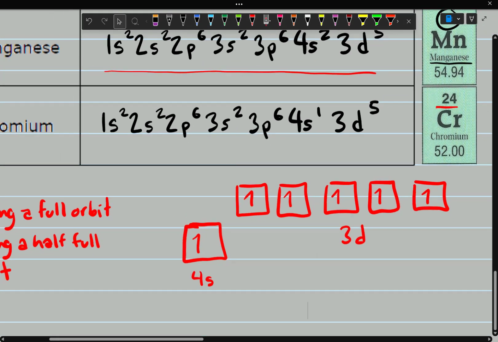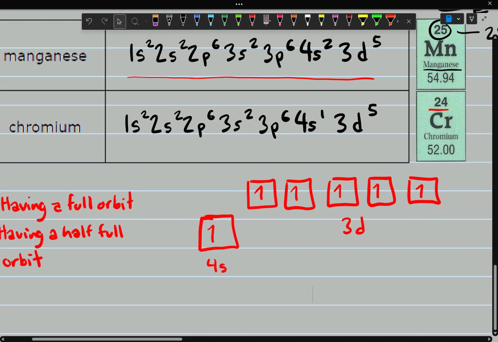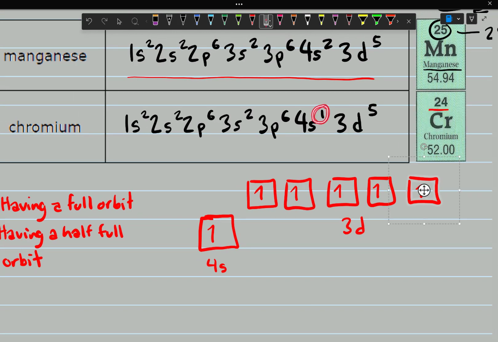However, this only will happen in select cases. And this is where you have a full s orbital and a d orbital that is one electron away from becoming either half full, in this case, 5, or completely full, like if we had, for instance, 4s2 3d9.